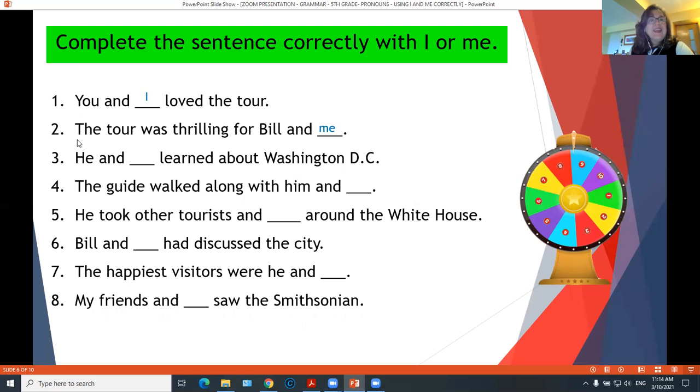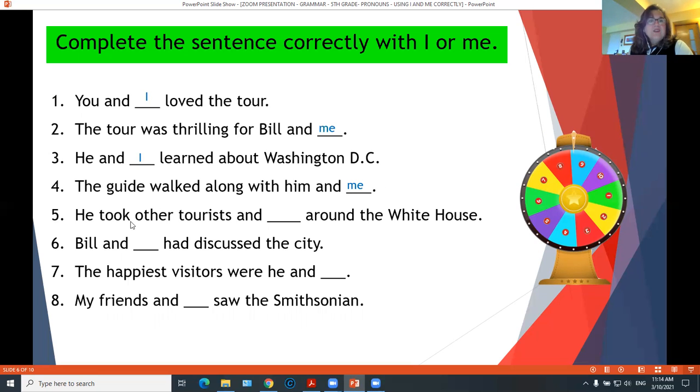In this case, he and I is the subject of the sentence, so I use I. Number 4, "The guide walked along with him and _." In this case, it's me, because it's the object of the verb, okay, walked. It's an indirect object, but it's the object of the verb.